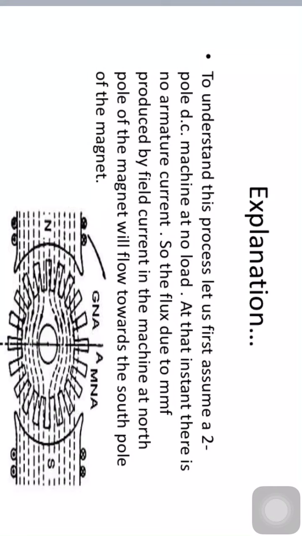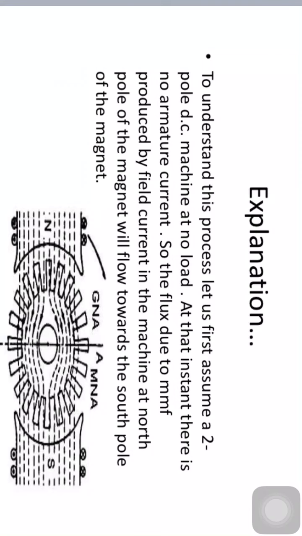In a DC generator, the magnetic flux set up by armature current produces an effect on the distribution of the main pole magnetic flux. This reaction is called armature reaction. When there is no load on the generator, the current in the armature conductor is zero. So under these conditions, there exists only the MMF of the main poles, which produces the main flux.